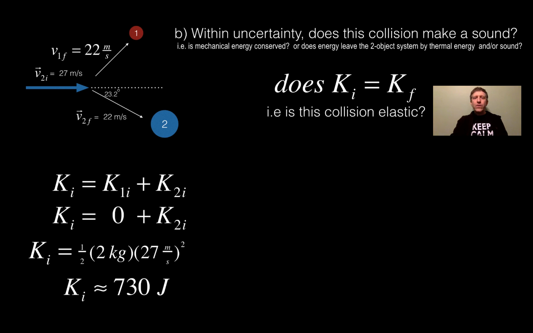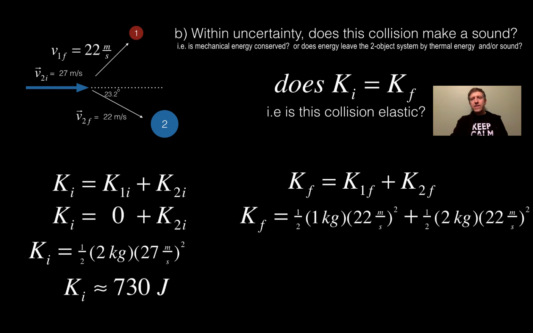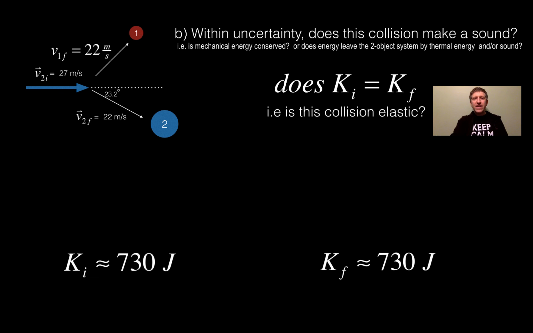Now let's look at the final kinetic energy. Again, direction does not matter. So I've got K final is K1 final plus K2 final. In this case, both of them have kinetic energy, but luckily I don't have to deal with x and y. I just use the speeds, one half m v squared. Their respective masses are multiplied there. And notice that I get 730 joules. I'm getting the same energy.